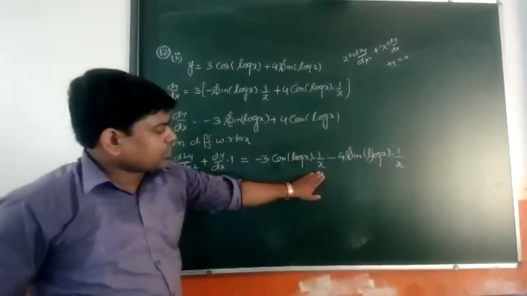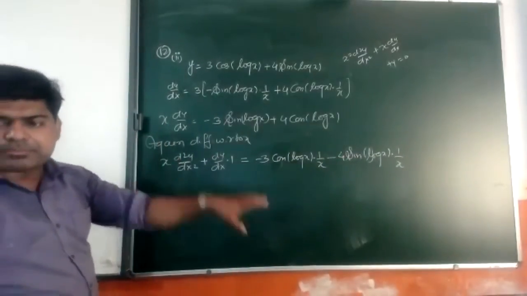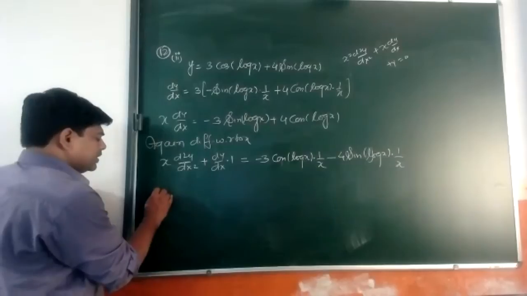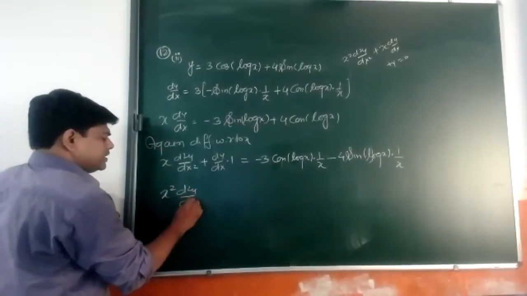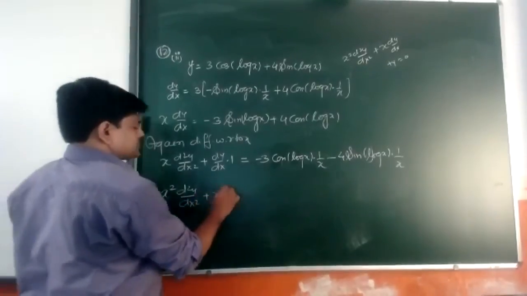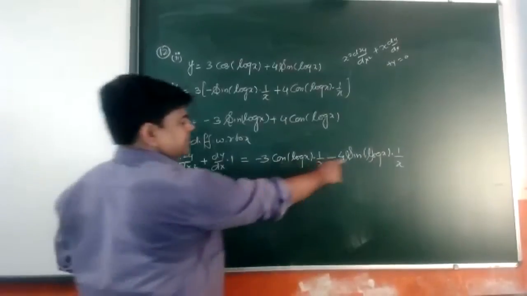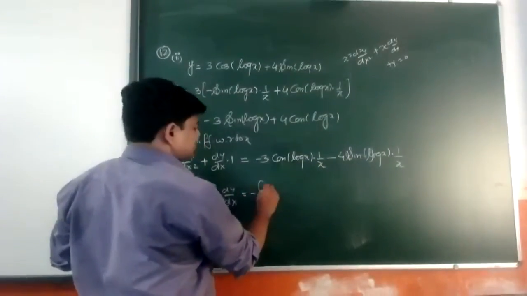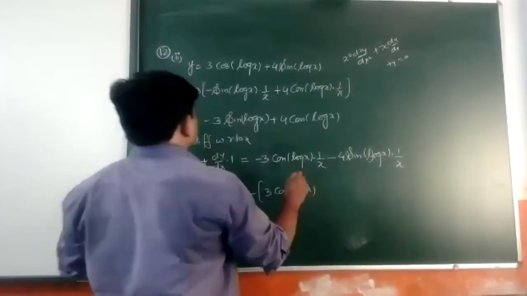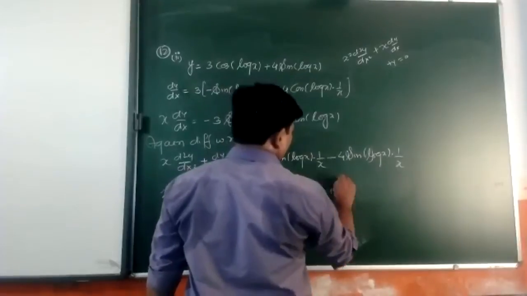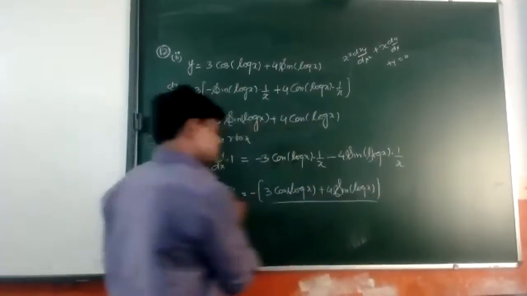Again, that 1 upon x and 1 upon x, I'm going to transpose it this way. When I multiply by x, it will be x square d2y by dx square plus x dy by dx, and at the same time, if I take minus common from these two terms, I have 3 cos log x plus 4 sine log x, and you can see this is your y.